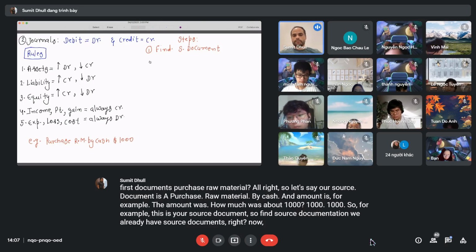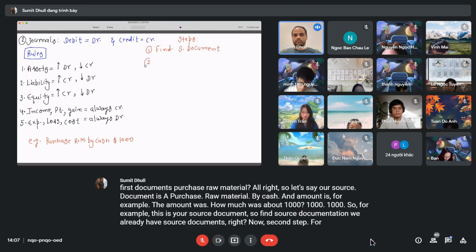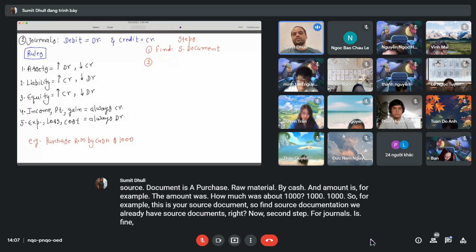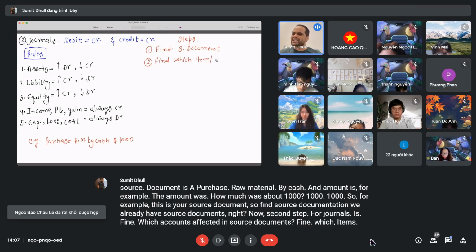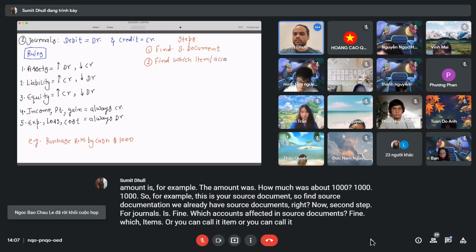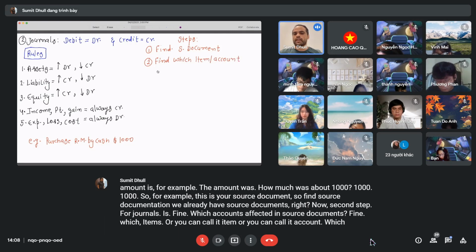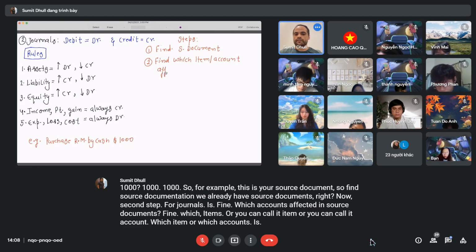Now, the second step for journals is to find which accounts are affected in the source documents. Find which item, or you can call it account, is affected.